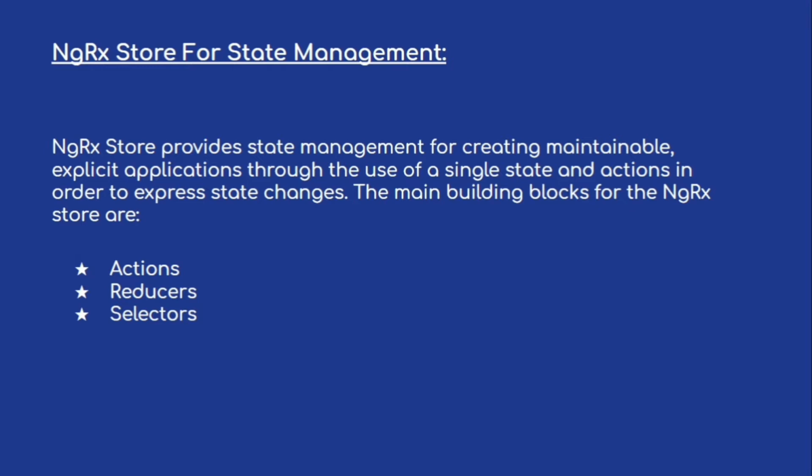Those are actions, reducers, and selectors. These are the three main components involved in constructing state management using NgRx. Each of these building blocks will be explained in detail in the next steps.